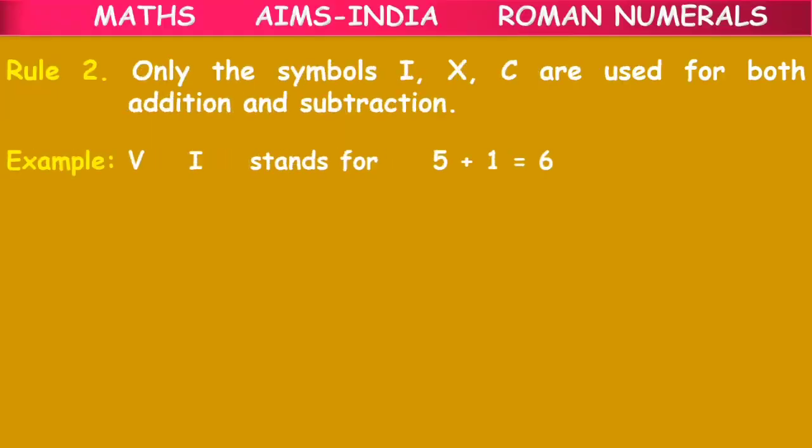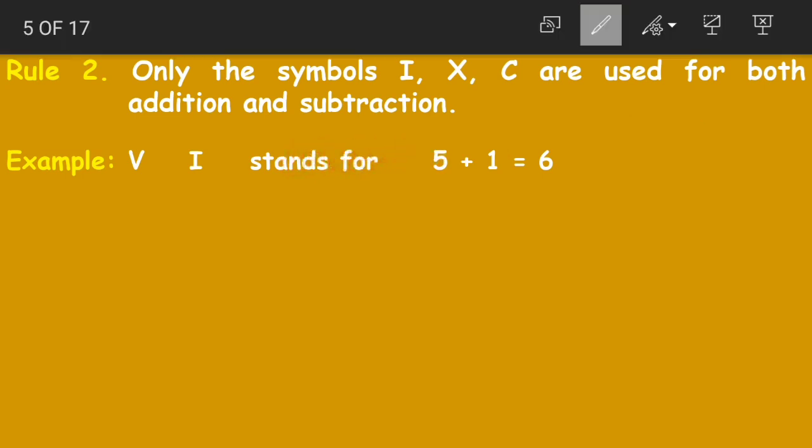Moving on, rule number 2. Only the symbols I, X, C are used for both addition and subtraction. What symbols, children? I, X, C are used for both addition and subtraction. What is I equal to?